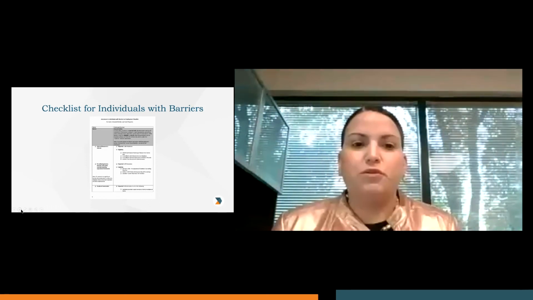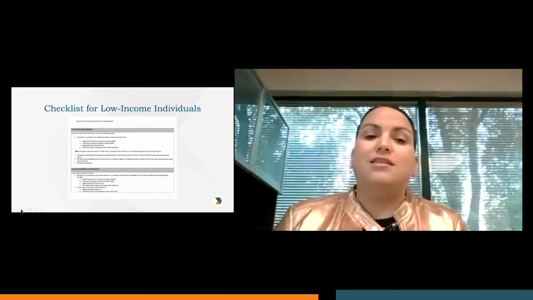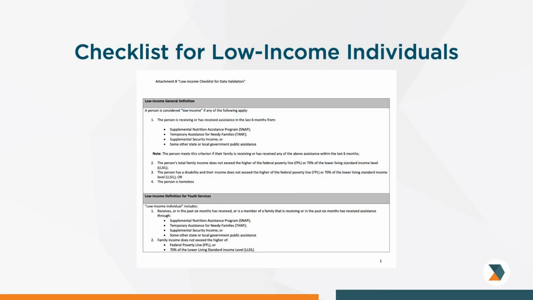The other checklist, which is the next slide, is a checklist that only talks about low income. Why? Low income is a barrier that has a lot of data elements in itself. The checklist starts with a general definition for low income, and then you'll see your youth definition for low income as well.